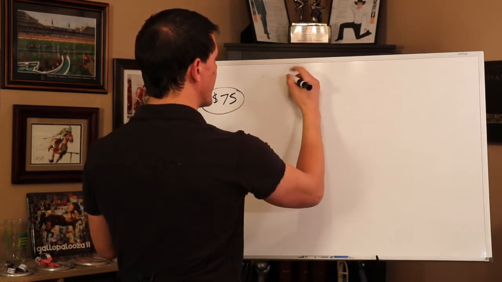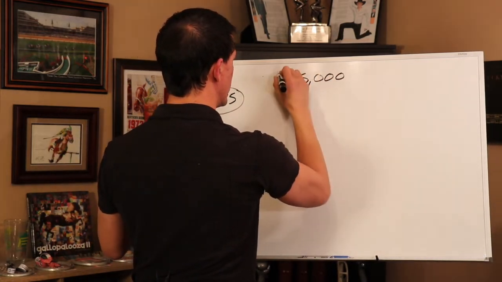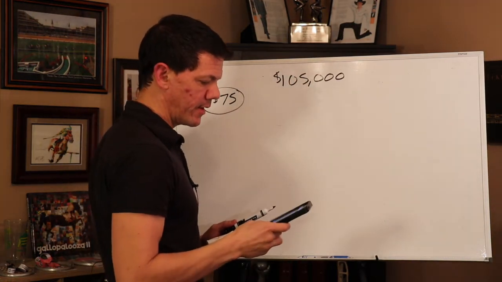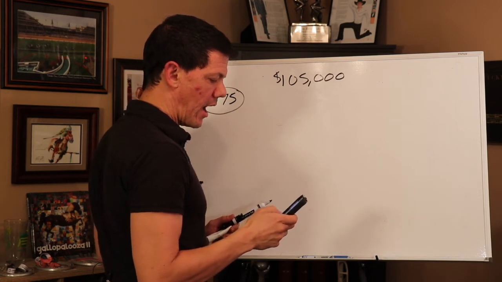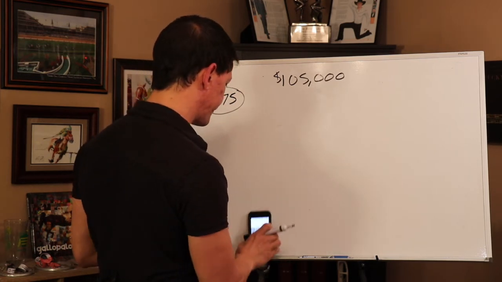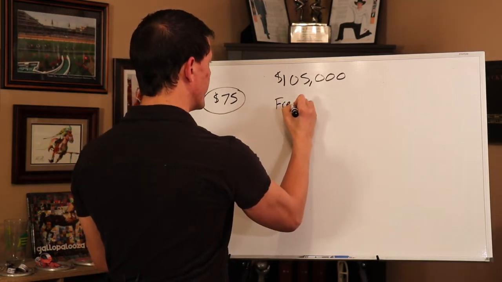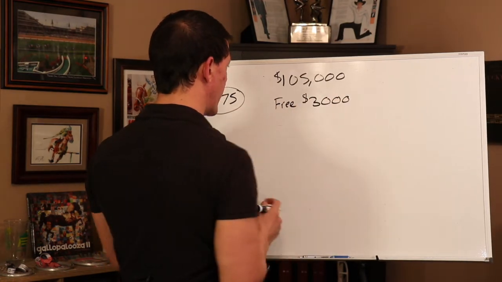So of that $105,000, and I'm gonna go quickly look at my notes on my phone so I don't lie to you. Of that $105,000, remember my intro or my freebies cost me $3,000 to pay my teachers, right?